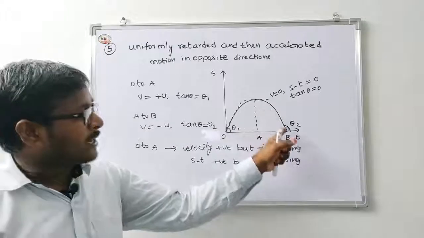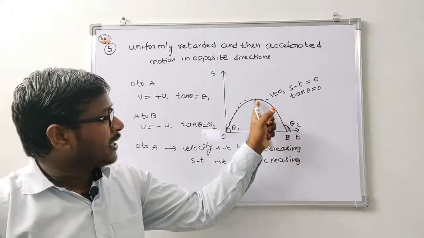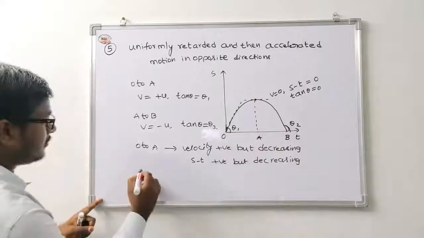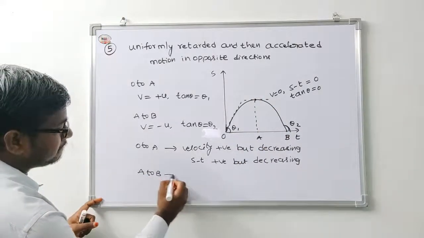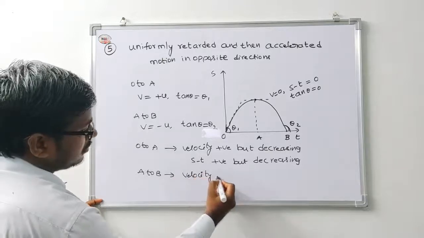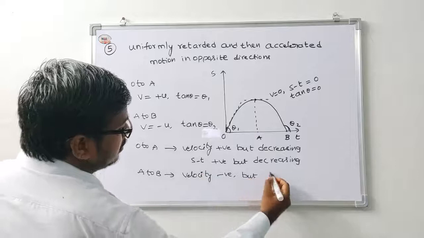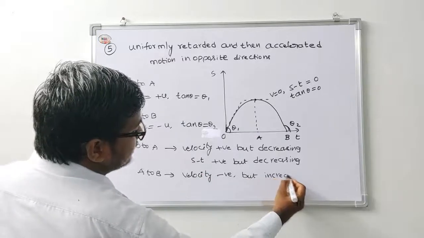The body strikes the ground surface, the body moves from A to B, the velocity is negative but increasing.